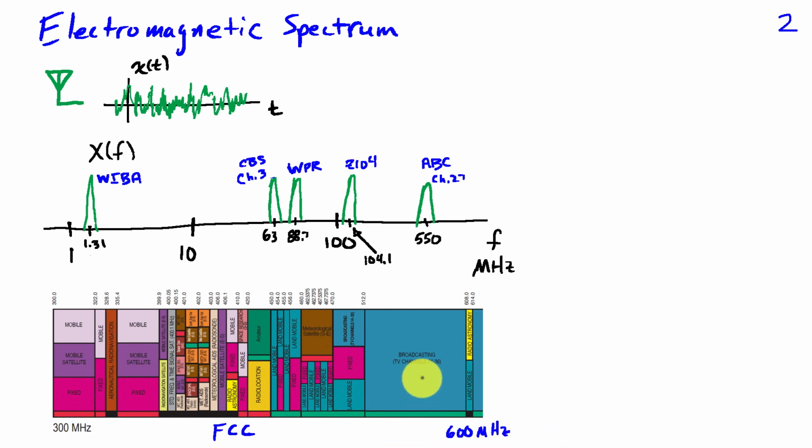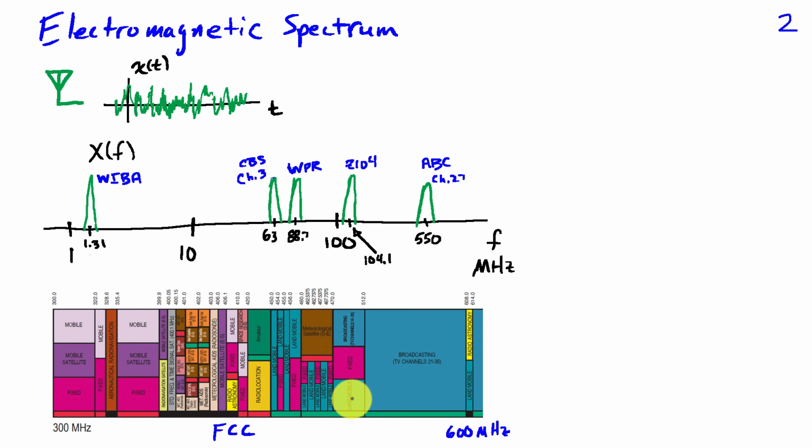You can see there's different purposes. Like this big section here is broadcast television channels, starting with channel 21, and then we have radio astronomy gets a small slice of the spectrum. Radio location gets a slice of the spectrum.